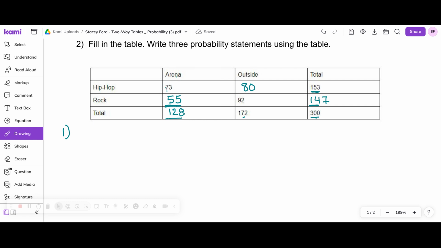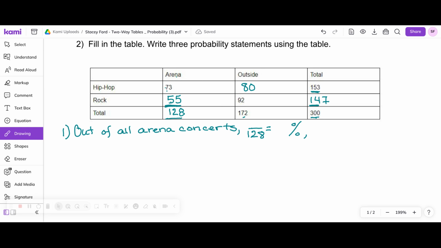So out of all arena concerts, and then I'm going to put a comma, and that's where I'm going to start putting in my fraction. And then I'll put my equals. And I'm going to figure out what my percent and everything is in just a minute.